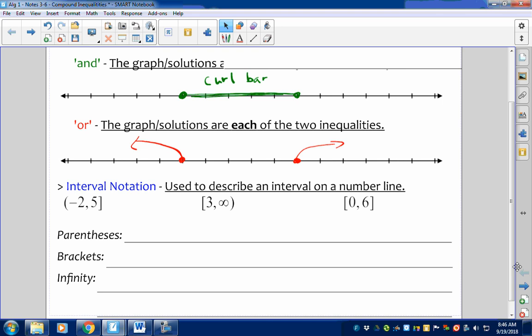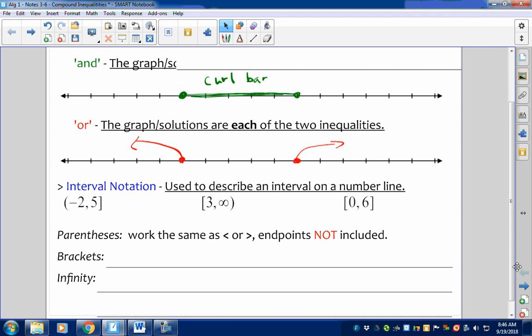There are a few different mathematical symbols that will show up when you're working with interval notation. One of them is parentheses. So parentheses work the same as a less than or greater than. The endpoints are not included.